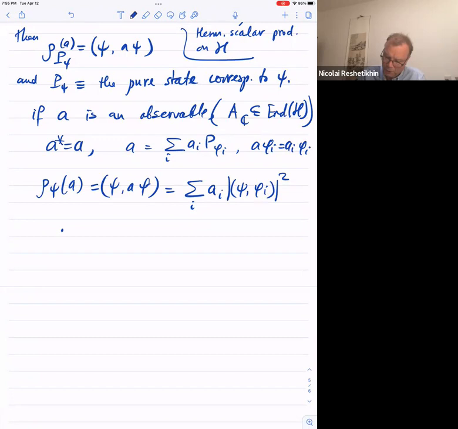Now, what are these numbers? Obviously, these numbers are non-negative. And also, it's obvious that the sum over i of the squared scalar product of psi and phi i is equal to 1.